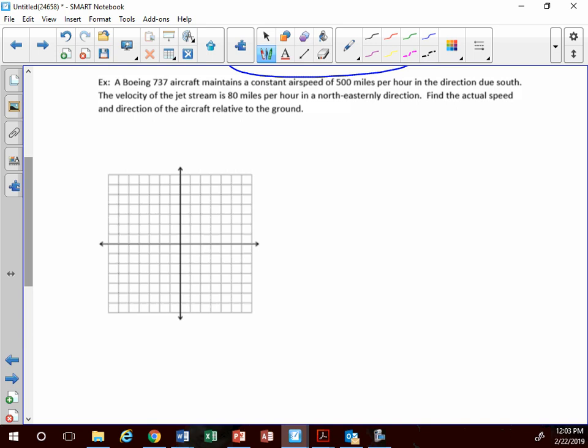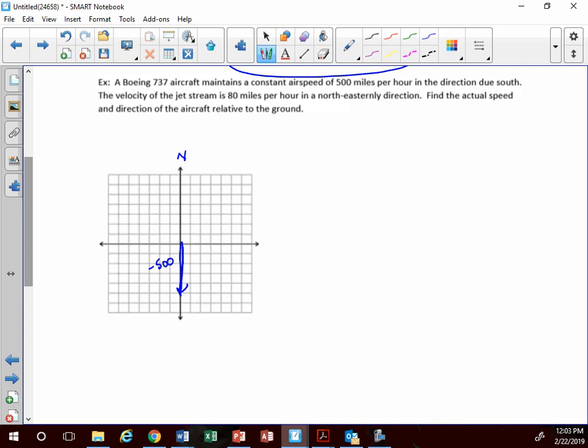Yes, down, straight south. So I'm going to call this north. So due south would be like that, okay? And since that's down, I'm going to write -500, just to remind you that it's going down. The length of it, the magnitude, is just 500, but the direction it's going is down 500, okay?